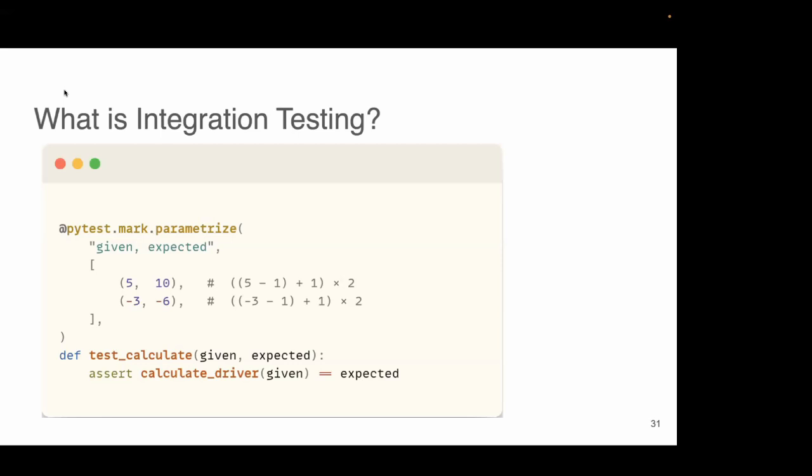We pass these to the function, and the calculate driver function does the computation, then checks if the output of the driver function is equal to the expected value. That tests the combination of the three functions from earlier. This is a very trivial case of integration testing.